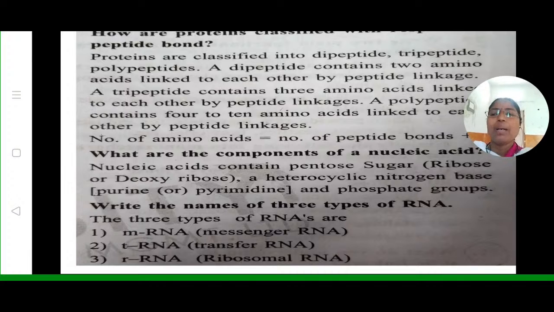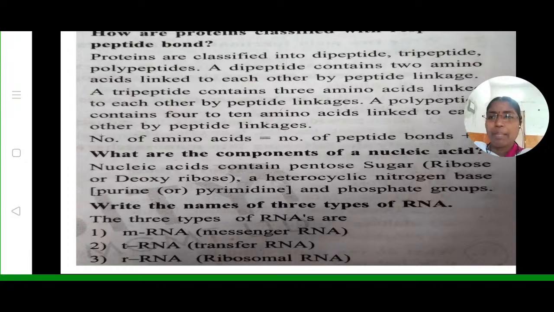Polypeptide means they contain more than 4 amino acids, that means 4 to 10 amino acids linked to each other by peptide linkage. The number of amino acids is equal to the number of peptide bonds plus 1. So this is the answer.